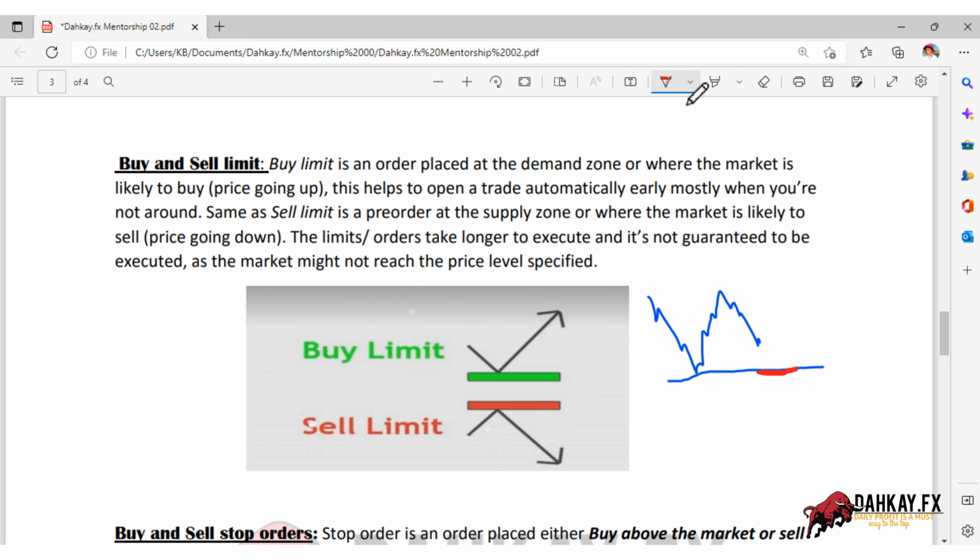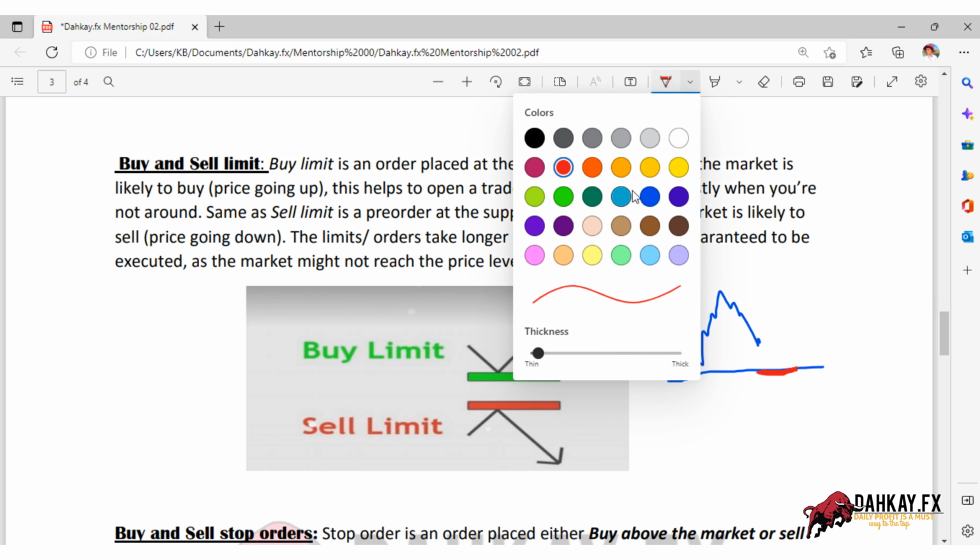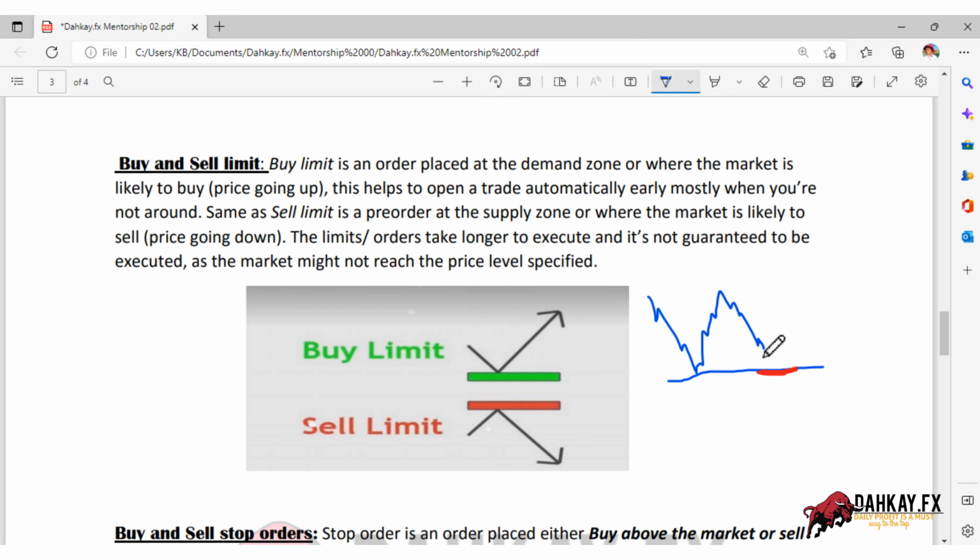So in that case, the market will go down as predicted, and once it hits this buy limit of yours, it will enter a buy trade here. So in that way, if the market goes up, you'll be already in and making profits. So buy limit helps you to enter the trades when you are not there.